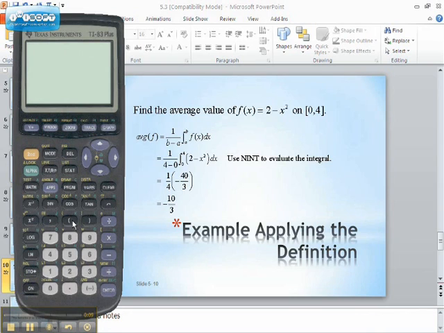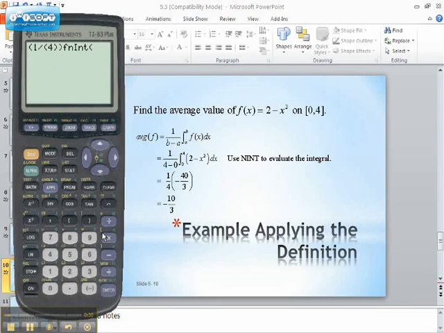At the beginning, you can just type in 1 divided by 4 minus 0, which is just going to be 4. And then I'm going to multiply it by my integral. So I just go down to number 9.